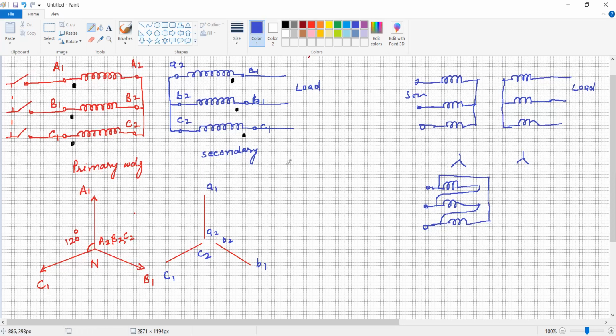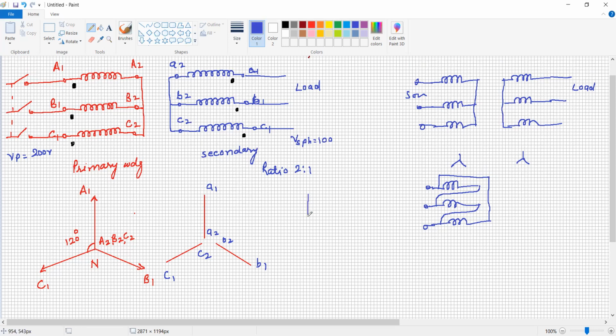Let the ratio of the transformer be 2:1. It means that if here it is 200 volts per phase, the EMF induced in the secondary winding per phase is 100 volts. This vector represents the 200 volts, and this vector represents the 100 volts.